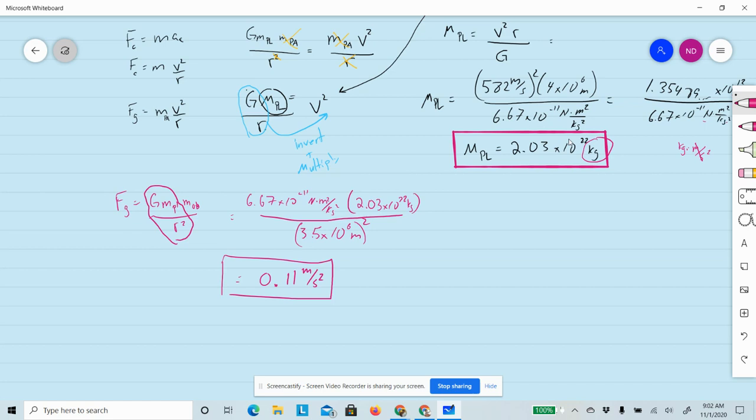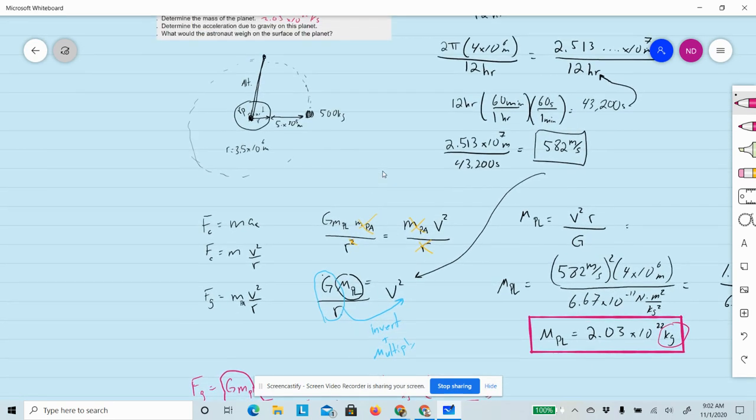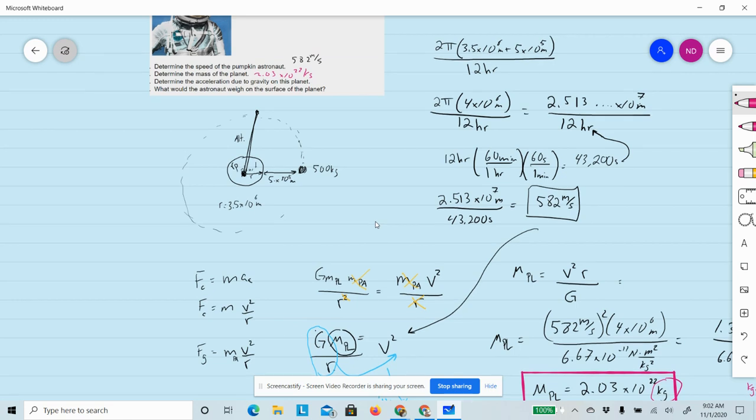This planet is not very exciting. Yep, double check the math. That's the number. That's tiny. Okay, so that's ridiculous. On Earth, it gets 9.8. So 0.11.